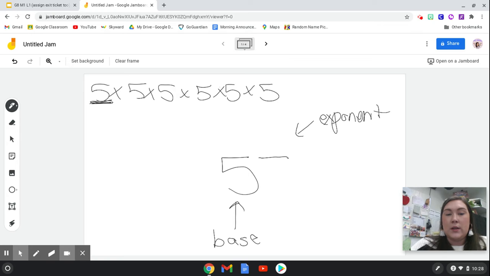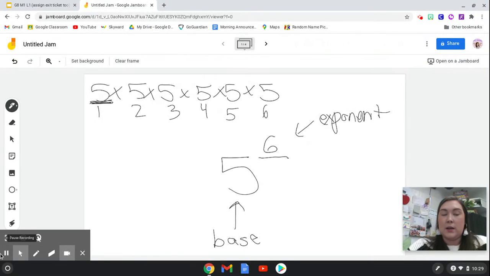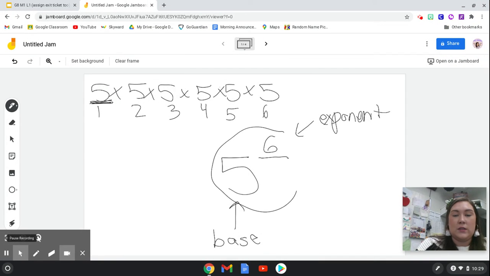And our exponent is the amount of times we have to multiply it. So I'm going to go through and count 1, 2, 3, 4, 5, 6. Okay. So this rule tells us that we're multiplying our base of 5 6 times. And so that's how I would write it as an abbreviated term. 5 to the 6th power.